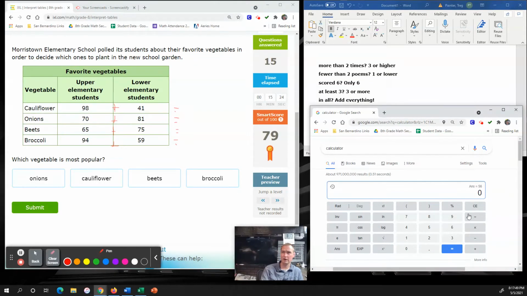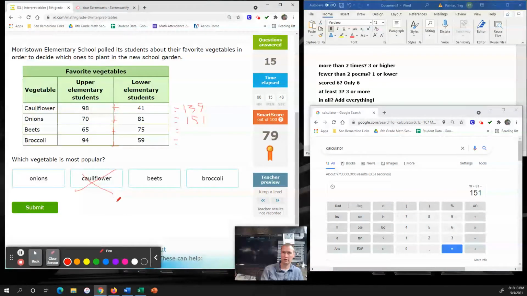So start with cauliflower. We got 98 plus 41 is 139, so I got 139. Scratch paper is going to come in handy for something like this because you have to keep track of it. Onions: 70 and 81. 70 plus 81 is 151. So far, the onions are doing better than the cauliflower.